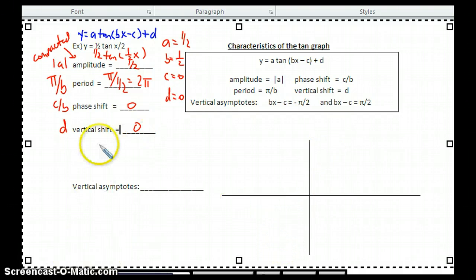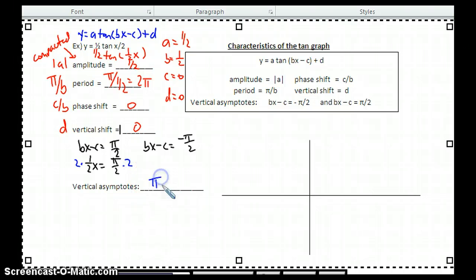If I find the asymptotes, bx minus c equals pi over 2 and negative pi over 2. When I do this, my bx minus c for my problem is 1/2 x. So to get rid of the 1/2, I'll times by 2. And I'm going to get pi to be one of my vertical asymptotes.